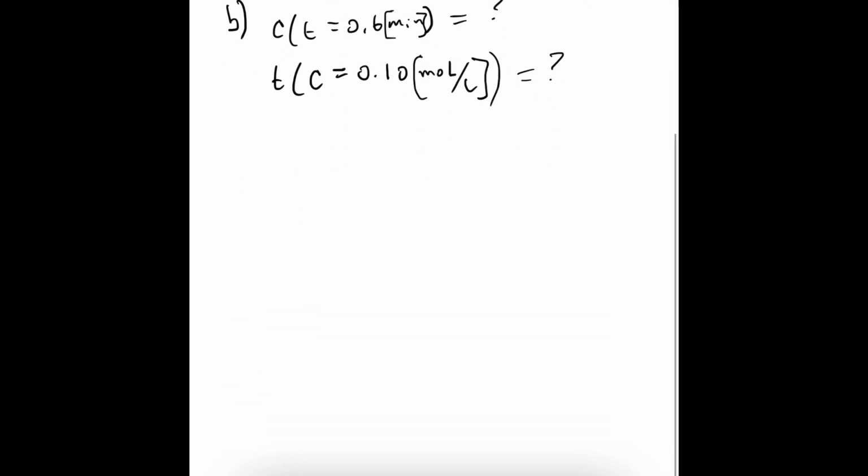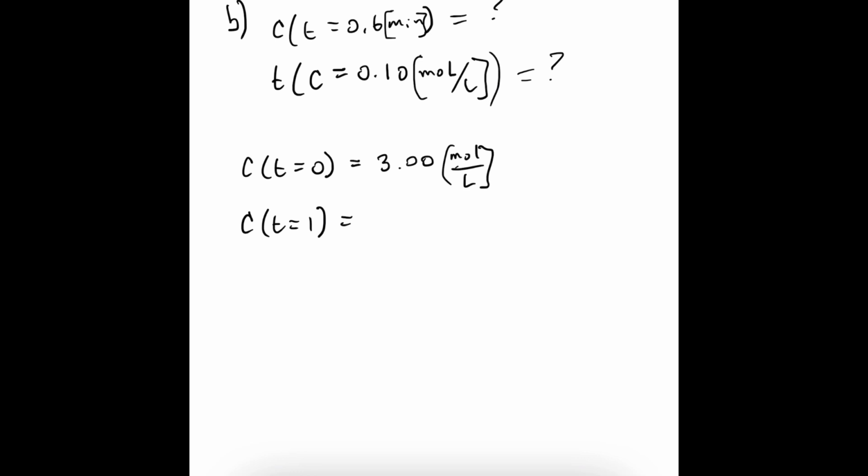So first let's get the values when t equals 0 and t equals 1 minute. C at t equals 0 equals 3 moles per liter, and C at t equals 1 equals 0.406 moles per liter.